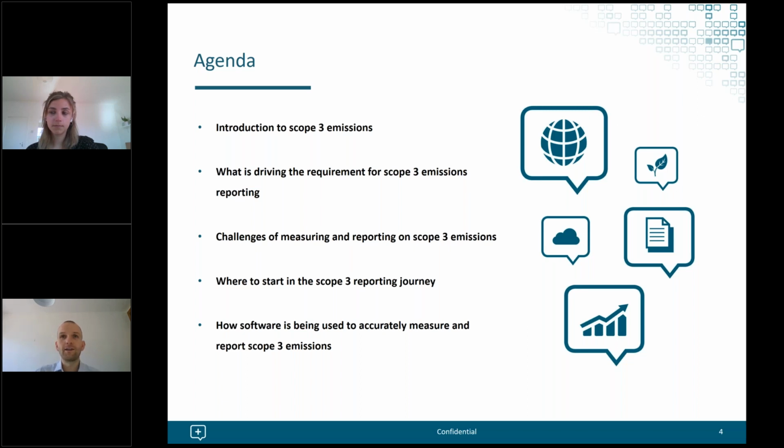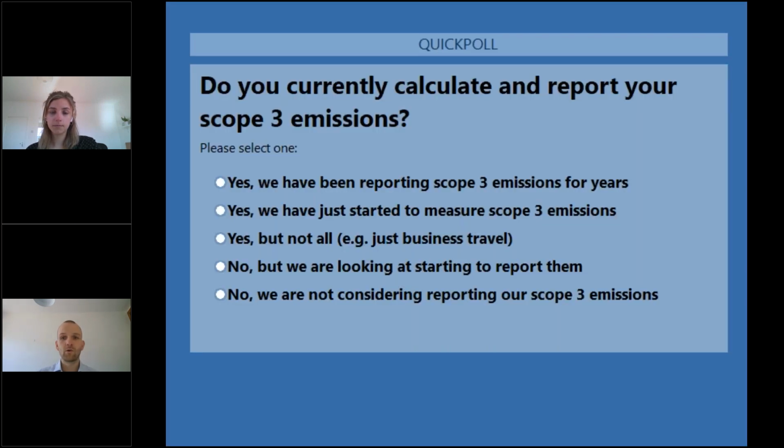But before I pass over to Louise, we're going to do the first of two polls today to get an understanding of where you are in your process. So here we can see now, do you currently calculate and report your Scope 3 emissions? So yes, we have been reporting for years. Yes, but we've just started the process.